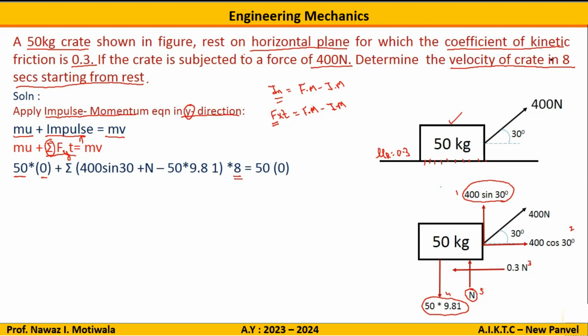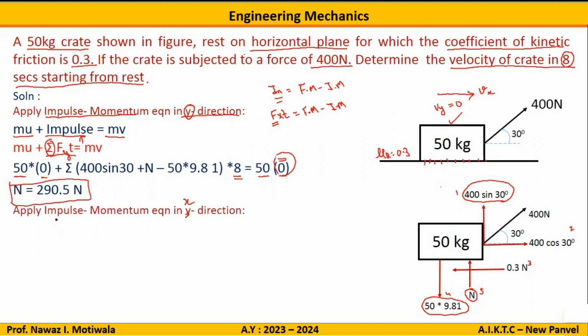It is given to us in the question to find the velocity of the crate 8 seconds after starting from rest, so time will be 8, is equal to, again mass is 50, and 0 because there is no velocity of this body in y direction. If you observe this figure, this block will move along this direction, that means it will have velocity in x direction and the velocity in y direction will be 0. Hence here I have written final velocity in y direction as 0. Now solving this equation, I will get the answer for N as 290.5 newtons.